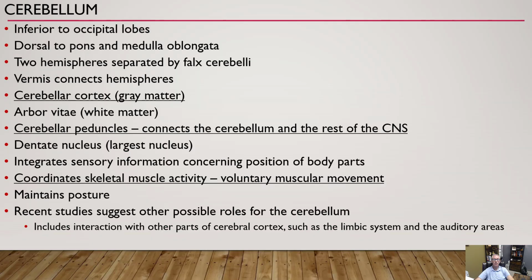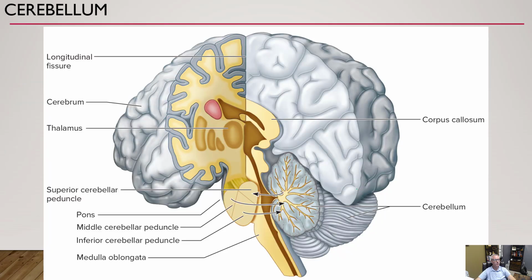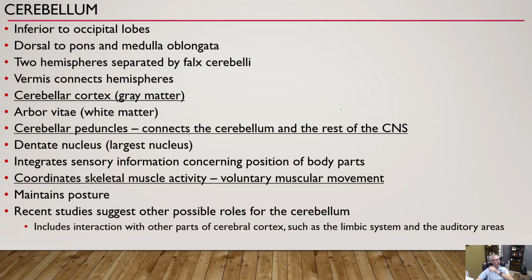All right, cerebellum. Cerebellum, the back of your head. It's inferior, or underneath, the occipital lobe. So cerebellum down here. Distal to the pons, or behind the pons and medulla oblongata.